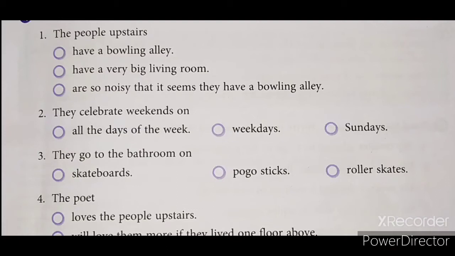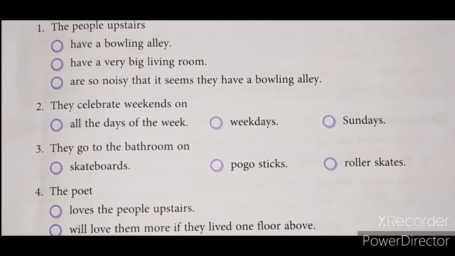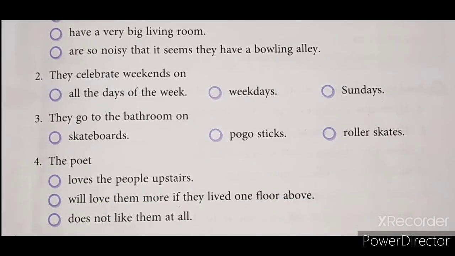They go to the bathroom on option 1, skateboards, option 2, pogo sticks, option 3, roller skates. In the poem we have the line, they go to the bathroom on roller skates. So the answer is roller skates.